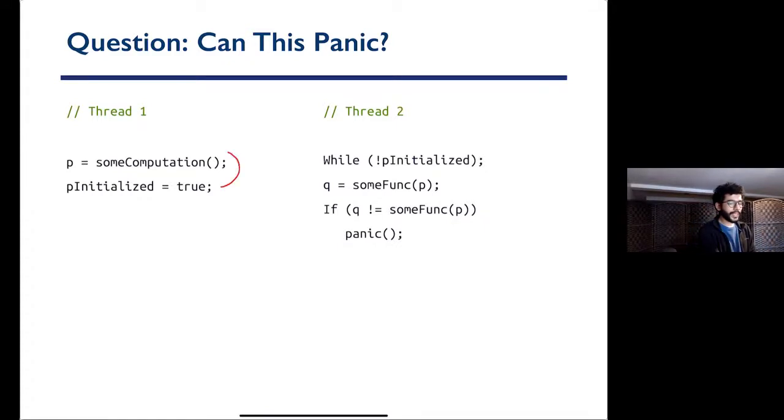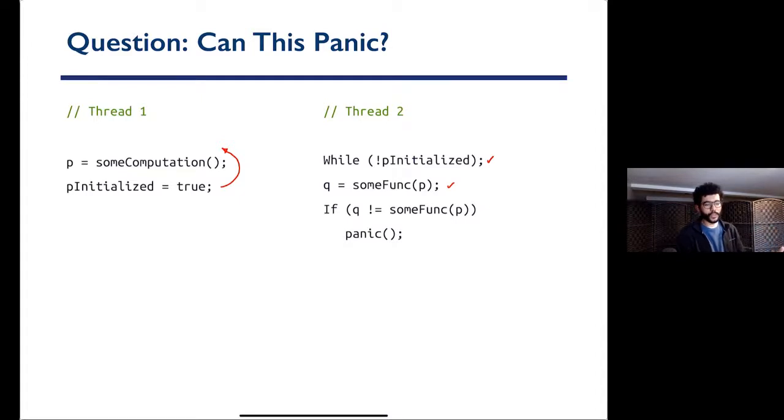So it might well be that we first execute p initialized equals true, and then we go and set p to some computation. Now, if we get interrupted in the middle of this computation and context switch to thread 2, p initialized is true. So this while loop does not wait, and we're going to go here with a garbage p, whatever it was in p, not the some computation that we wanted.